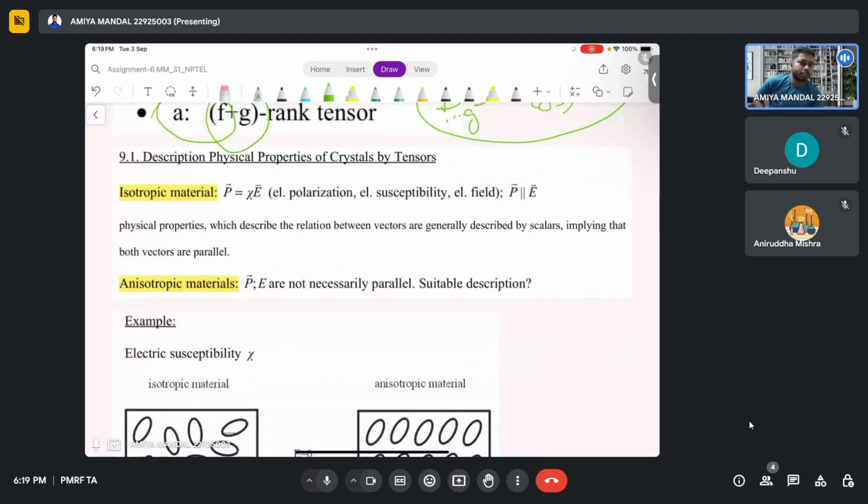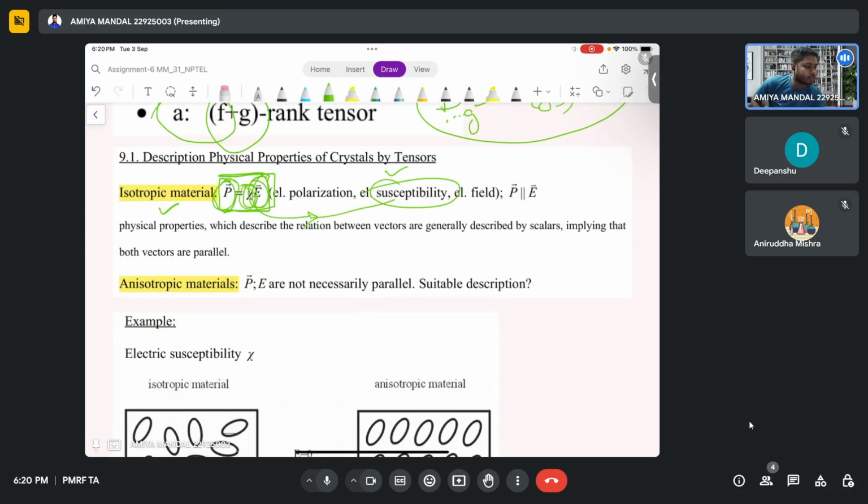So now see some examples. This is an isotropic, we also learned about that here. This is the susceptibility. Susceptibility is related with polarization and electric field. So we can write polarization as a tensor, electric field as a tensor, and susceptibility as a tensor.